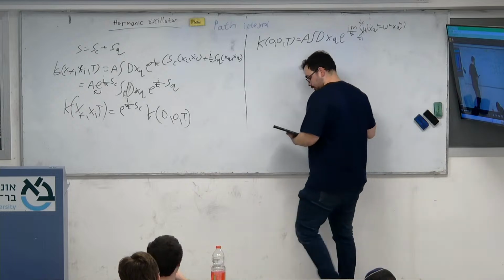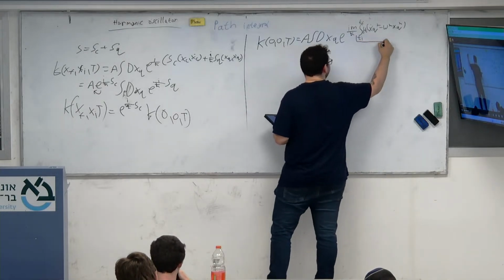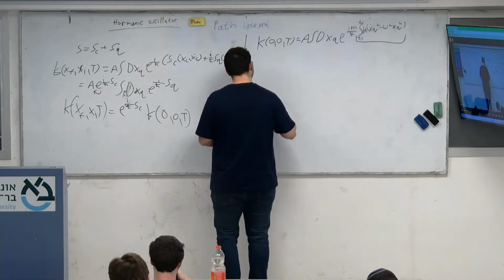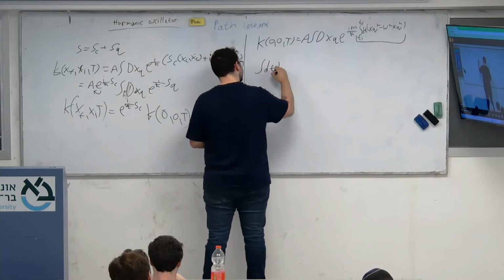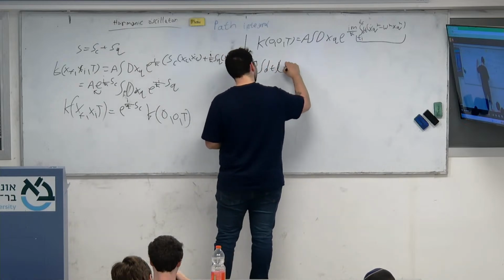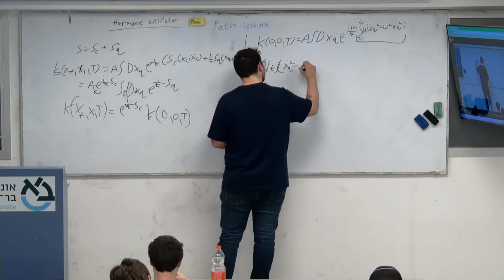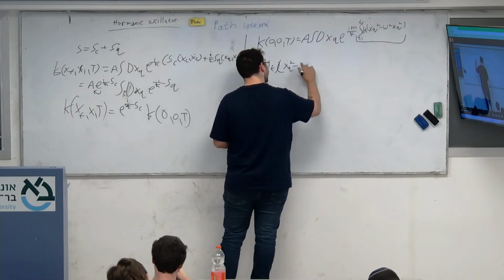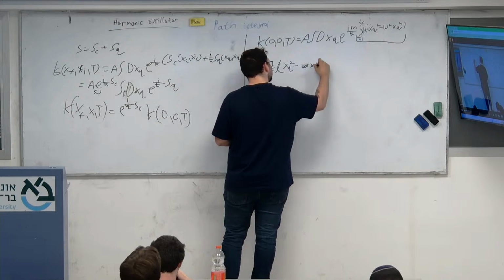I'm going to focus on this integral alone. So integration dt of x dot squared minus omega squared q squared.